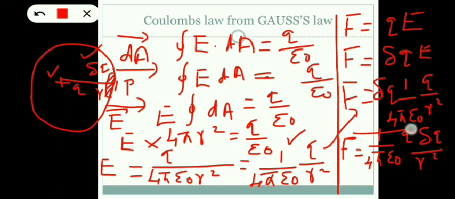This is our Coulomb's law. We have studied Coulomb's law as 1 by 4 pi epsilon naught Q1 Q2 by r square. Q1 was one charge and Q2 represents another charge. So here instead of Q1 Q2 we have Q and delta Q. And this Q and delta Q represent two different charges. Okay children, so thus we have derived Coulomb's law from Gauss's law. So try to do the derivations along with me. If you have any doubt, pause the video, rewind the video and again go through the steps.